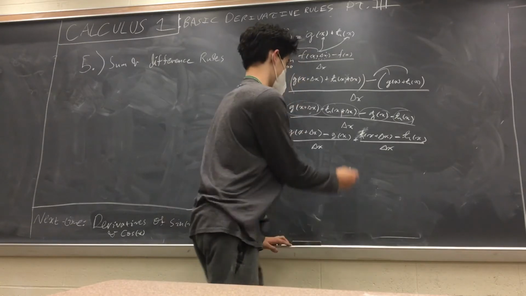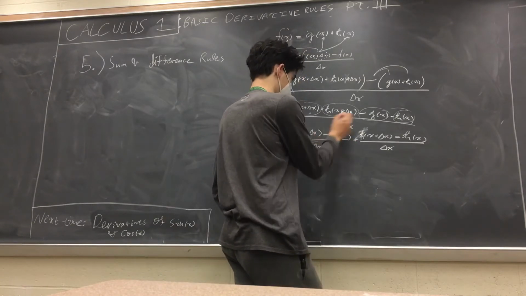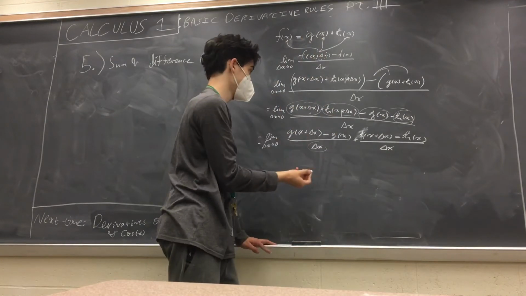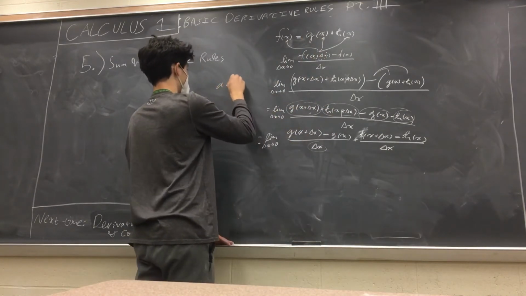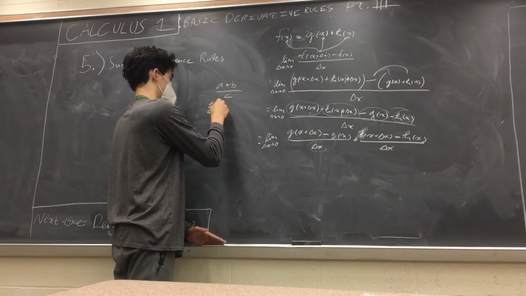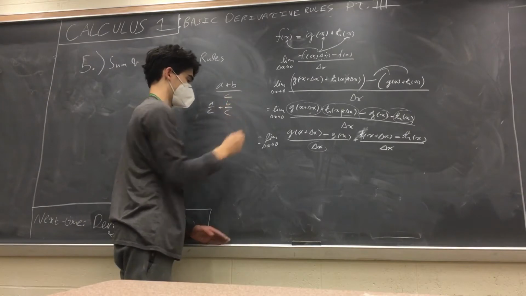Where I've set it so that we can split the numerator when there's addition and subtraction. If we have a plus b over c, we can split this into a over c plus b over c.